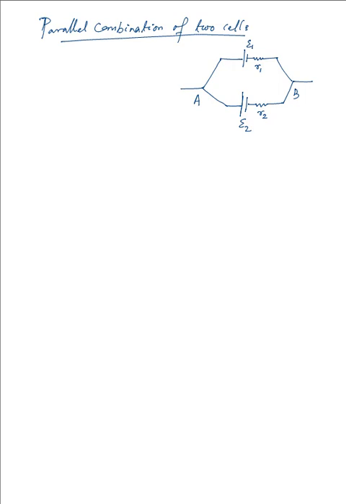Let's suppose that the current flowing across this wire is I1 along that direction and I2 along this direction, and from that we'll be getting a total current I along this direction, where I obviously is equal to I1 plus I2.